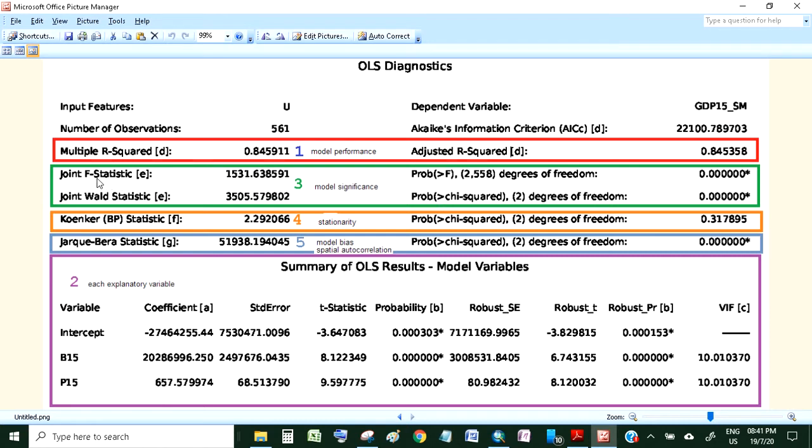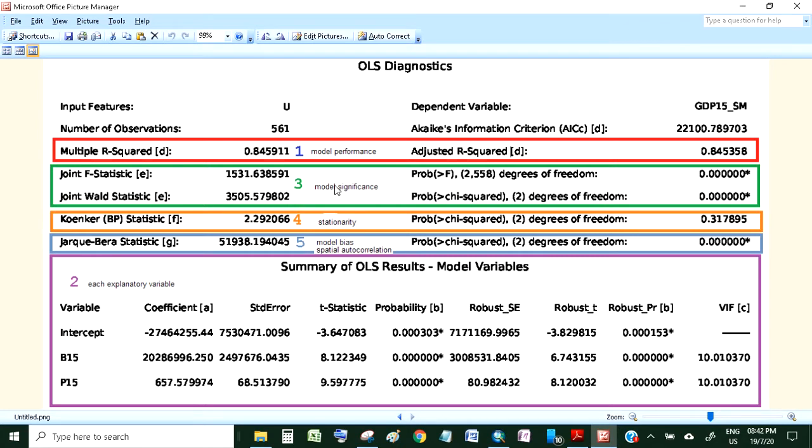This will be the hypothesis for both the tests, that explanatory variables are not effective. In both cases, these two symbols are cleared, showing us that we have to reject the null hypothesis because our p-value is extremely small, and we can say at more than 99% confidence level that our explanatory variables are highly effective to explain our dependent variable, that is GDP data here.